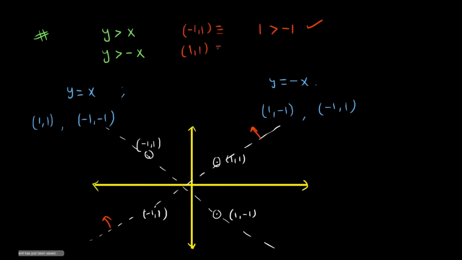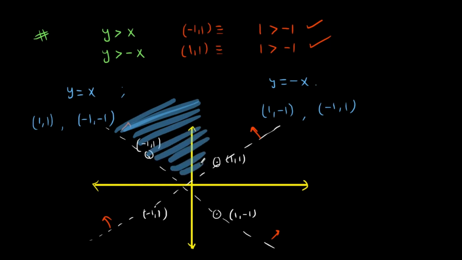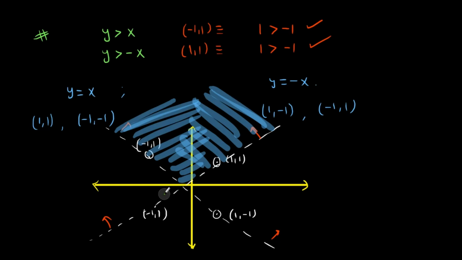So if I put 1 comma 1, then I get 1 is greater than minus 1. Is 1 greater than minus 1? Yes, of course. So it will also be towards this region. So the final answer is going to be this particular region. Everything which is over here is the final answer.